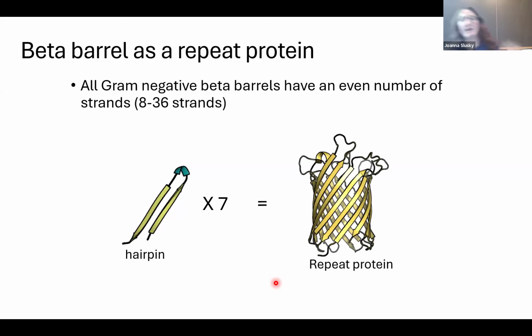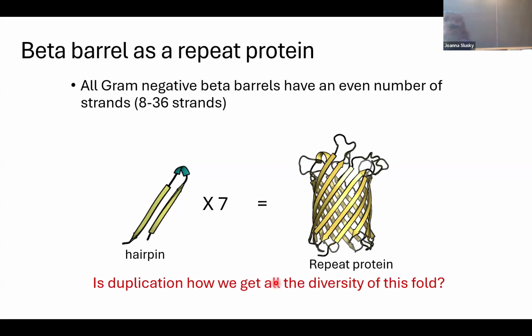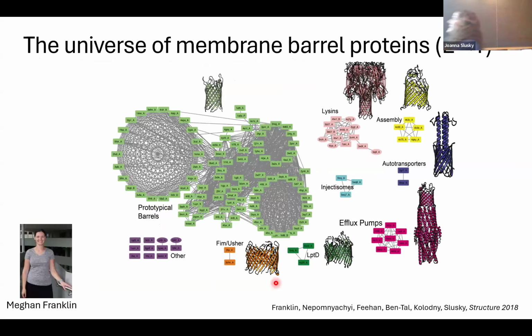But then if it is a repeat protein, is that really the way that we get all the diversity of this fold? So we started looking at this with a network model, and we did this back in the dark days of science before AlphaFold.